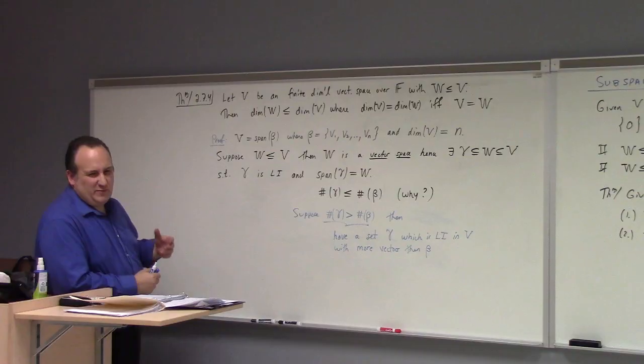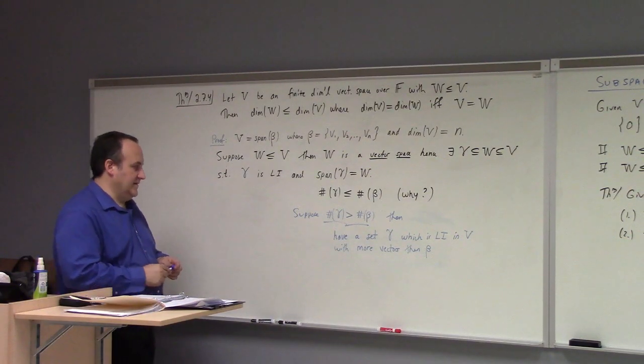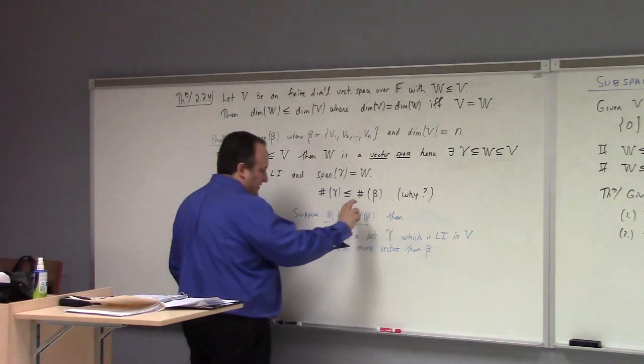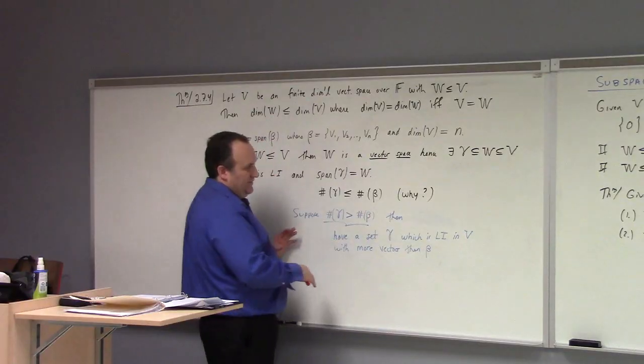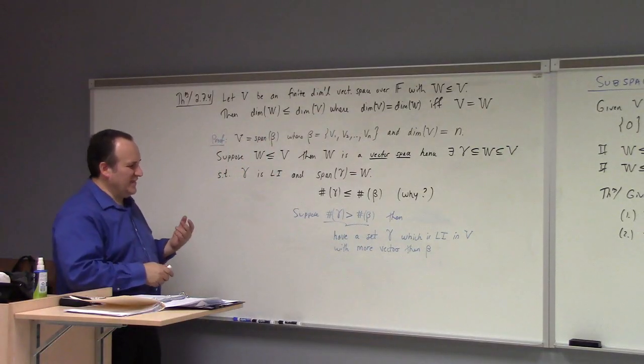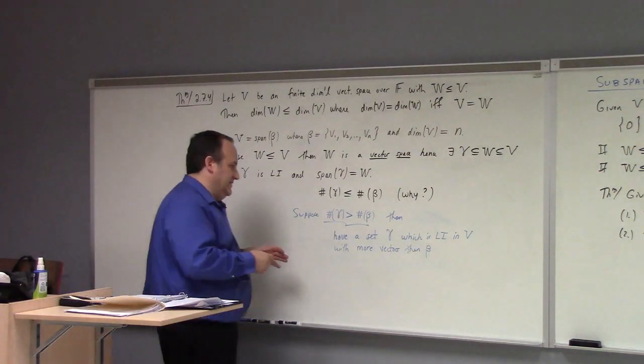Well, I think we have to use the replacement lemma that I was talking about the other day. Something like that. So I imagine starting with, beta is a set of linearly independent vectors, right? And, well, anyway, let me cease this.